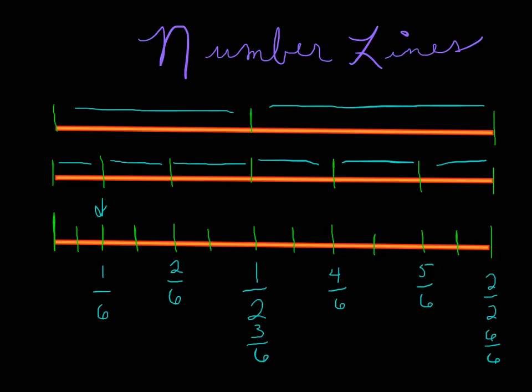Oh, this bottom one looks like, if I count them, 1, 2, 3, 4, 5, 6, 7, 8, 9, 10, 11, 12 pieces. So this one would be 1/12. The next one would be 2/12. We would have 3/12, 4/12, 5/12, 6/12, 7/12.